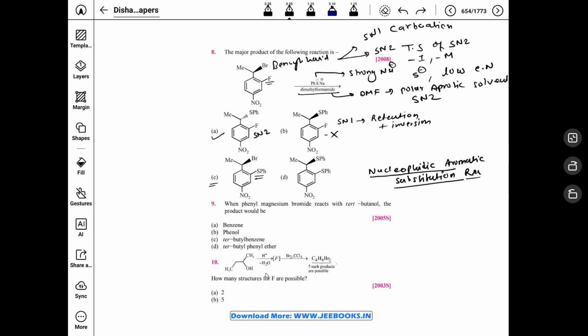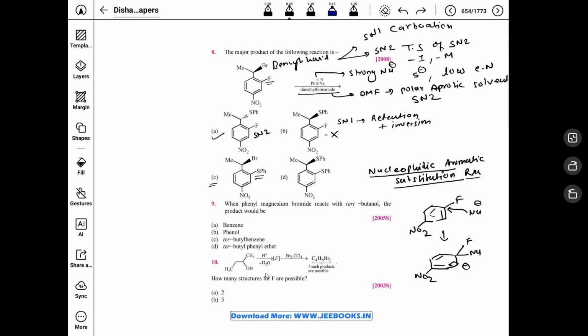So let's understand. Actually, fluoro could be replaced if nitro was at the para position, and in this case, if the nucleophile attacks, then negative charge comes in the ring, and this negative charge can be stabilized by the nitro group through resonance.